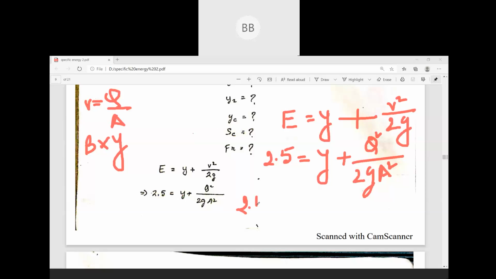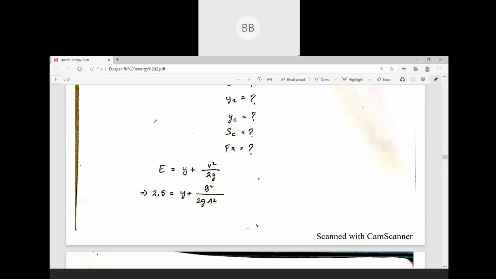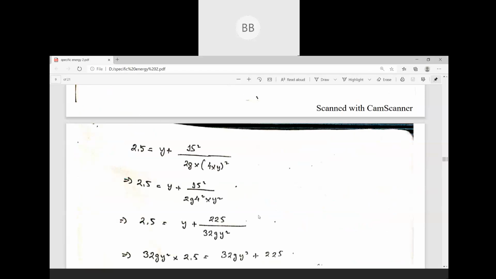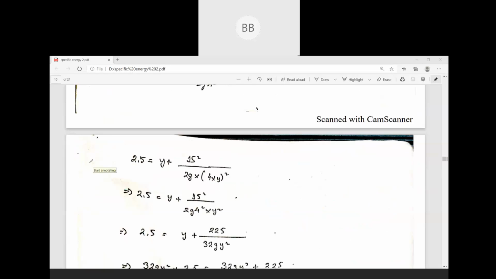So you can write 2.5 is equal to Y plus 15 square, as your discharge value is given, divided by 2 into G, which is 9.81, multiplied by the width of the channel, I think it's 4 meter, 4 square, because area is B into Y. You can see this equation: 2.5 equals Y plus 15 square divided by twice G multiplied by area, where area is B into Y, B value is given, 4 multiplied by Y whole square.